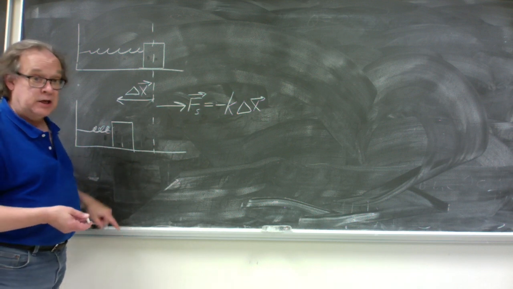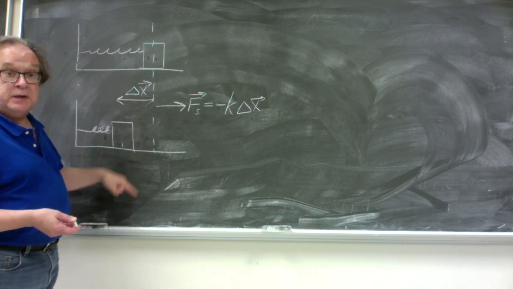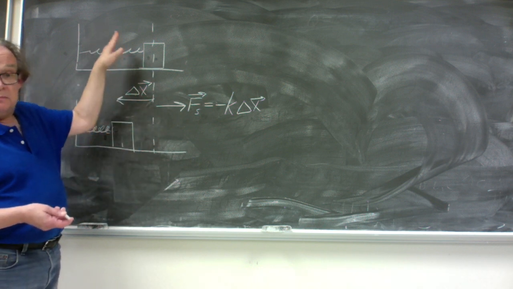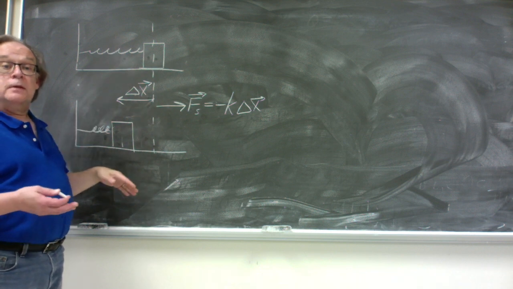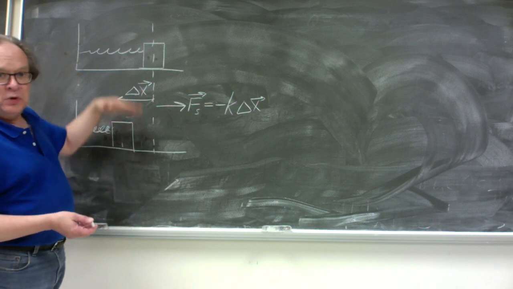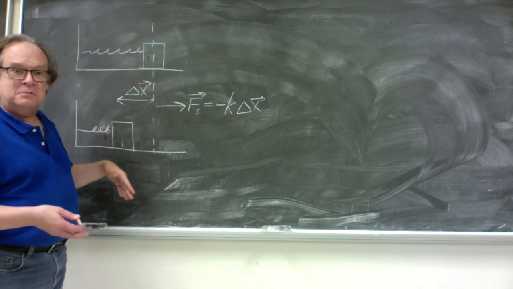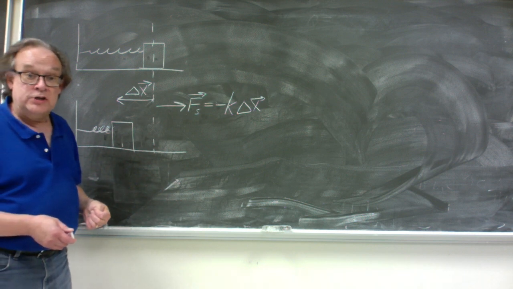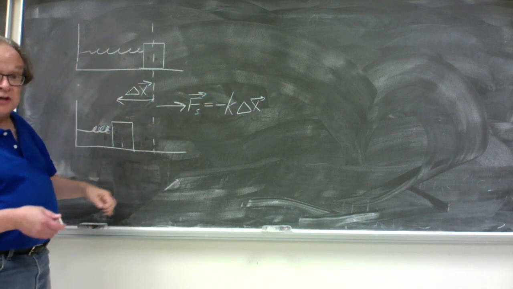We know they'll cancel out because there's nothing happening along the vertical direction. There's no motion. In fact, there is constantly no motion. So a constant velocity along the vertical direction, constantly zero, means zero acceleration, so zero net force along this direction.